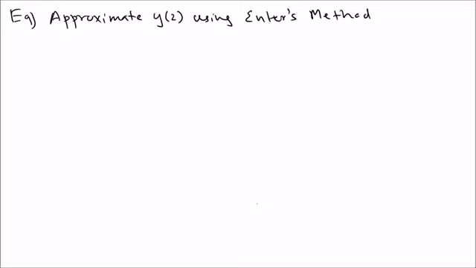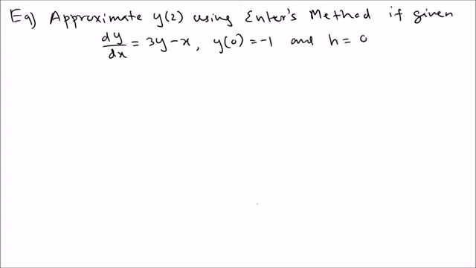So let's do this example. Let's say approximate y2 using Euler's method if given the differential equation dy over dx equals, let's say, 3y minus x, and y0 equals -1, and the step size 0.5.